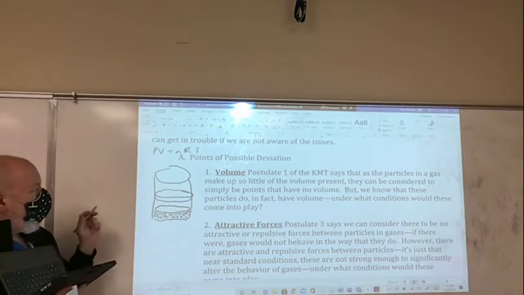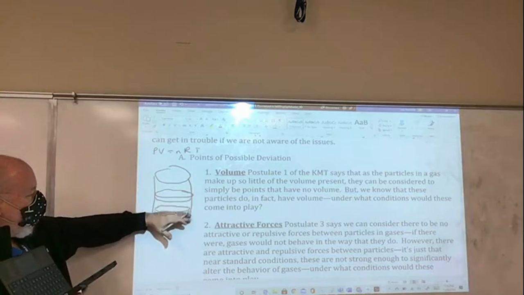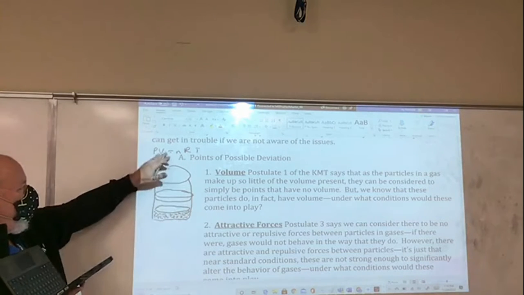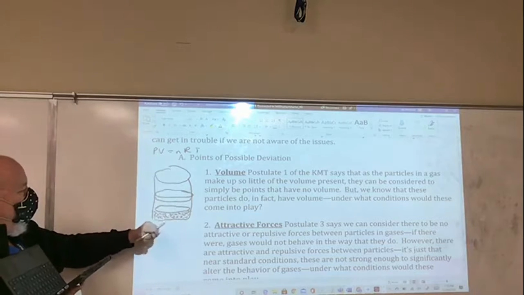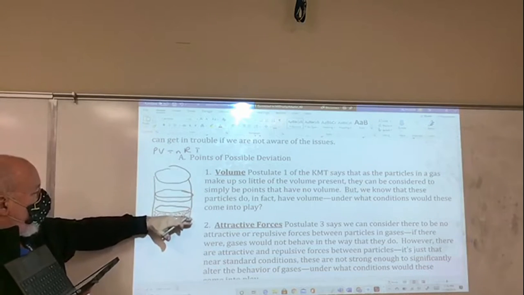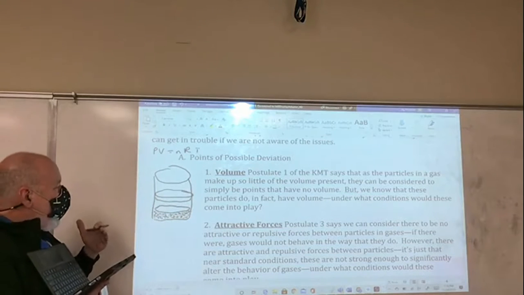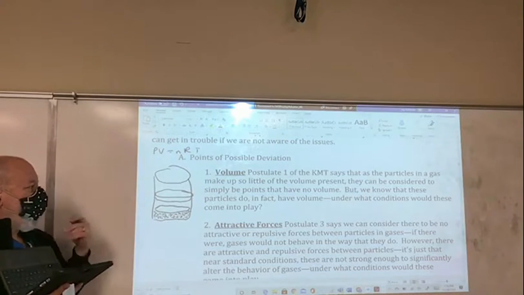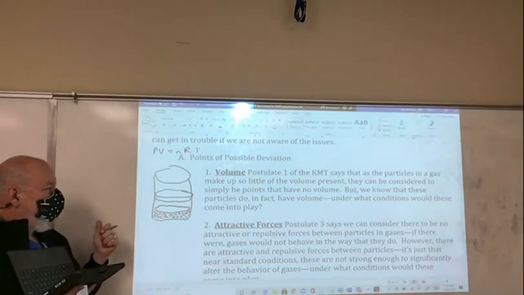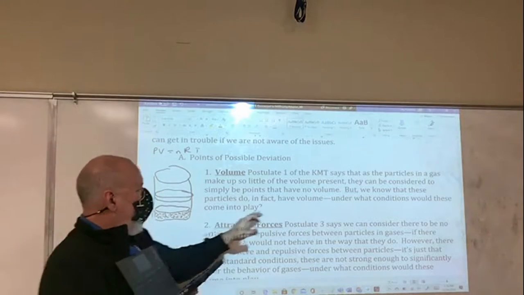Okay? But if there were enough circumstances where this wasn't the case, then I can still use it during those circumstances. But if there are circumstances where this volume of particles actually is going to be a problem, I need to know about those problems, okay? Or I need to know about those particles.